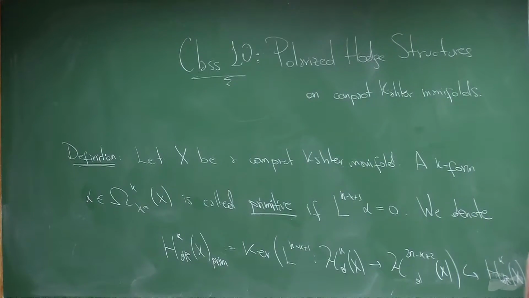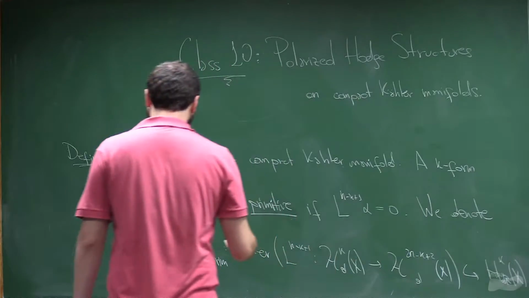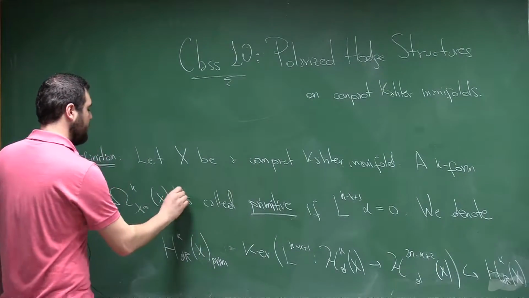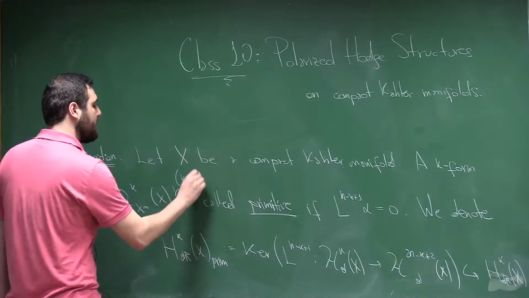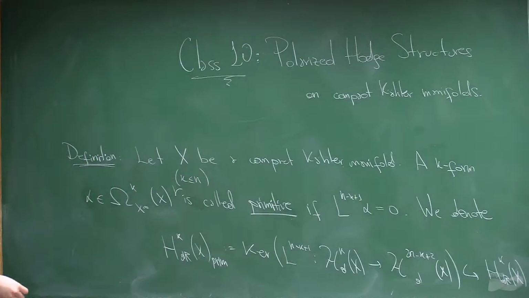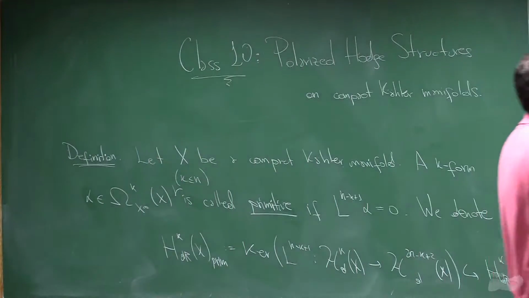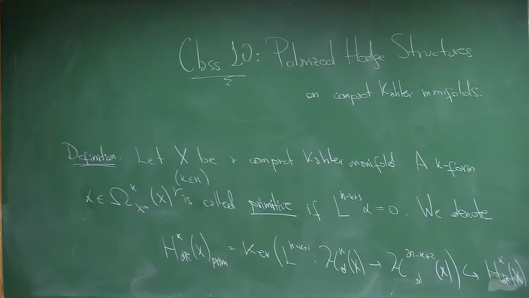Well, this definition is for k less or equal than n. I mean, we'll just use it now for k less or equal than n. Okay.